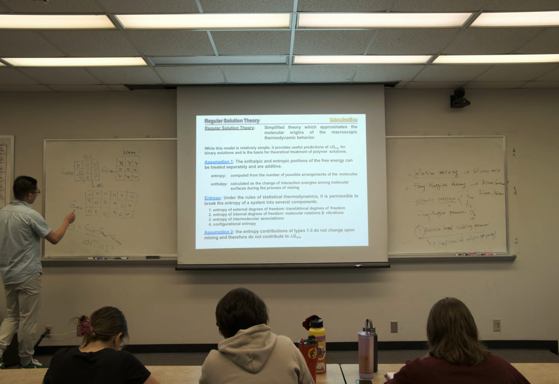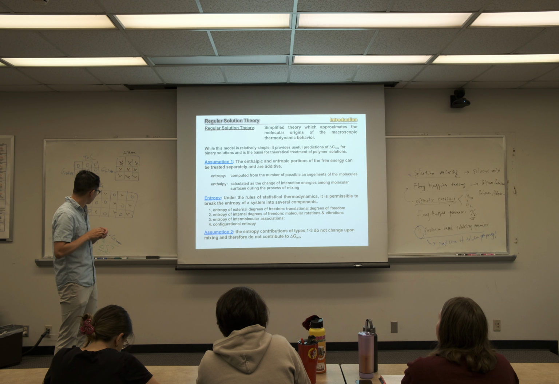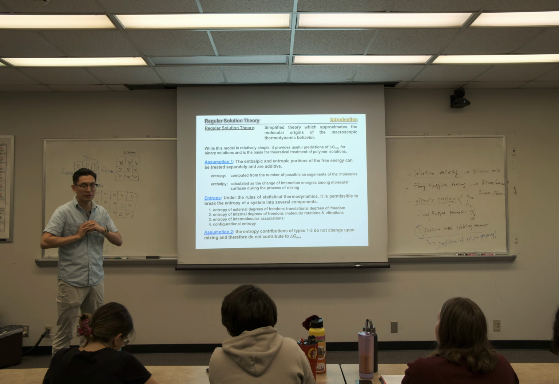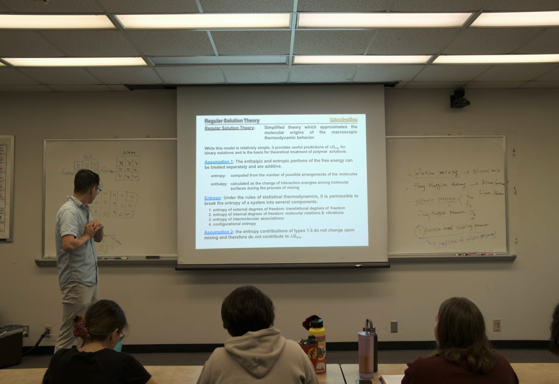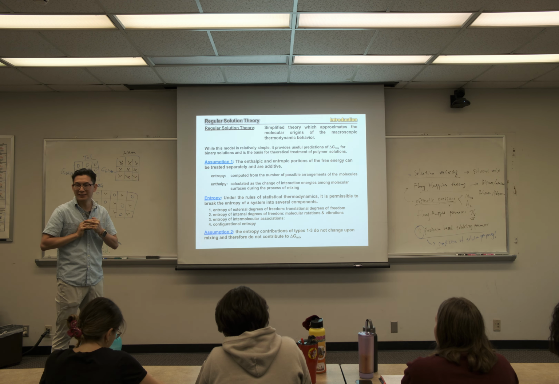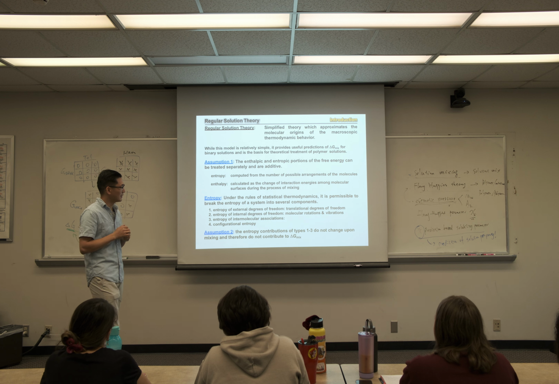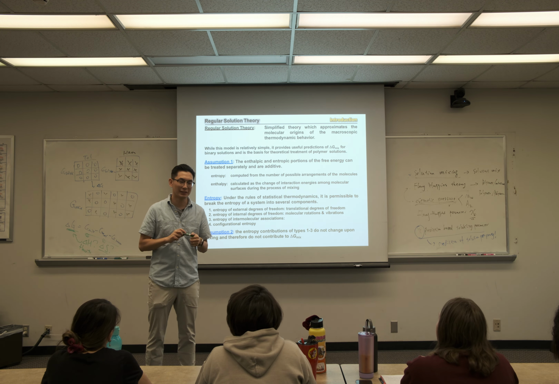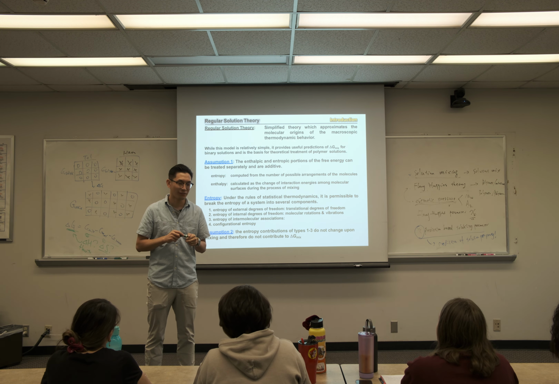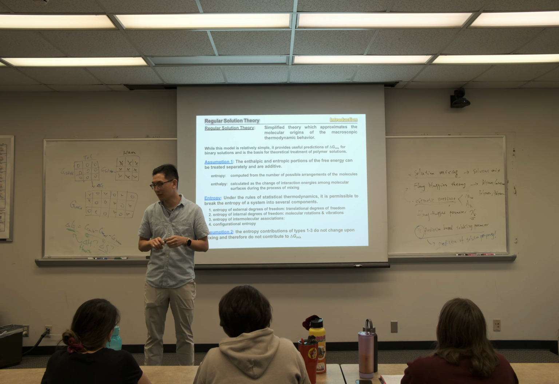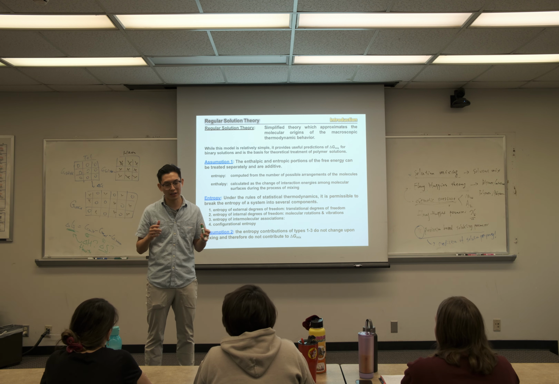Okay? So a little bit of background for delta S: we're going to first calculate entropy, and it's not that hard to calculate entropy. So don't be too scared when you hear about entropy and how to calculate it. It's related to the number of different states that your lattice is going to adopt.